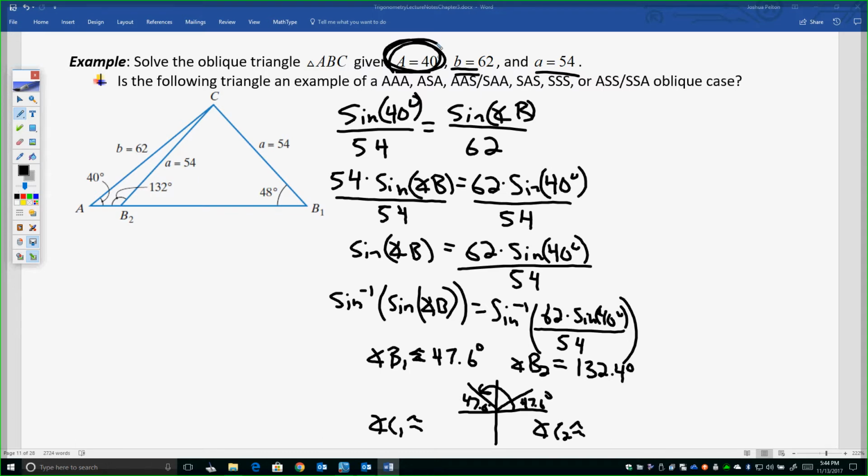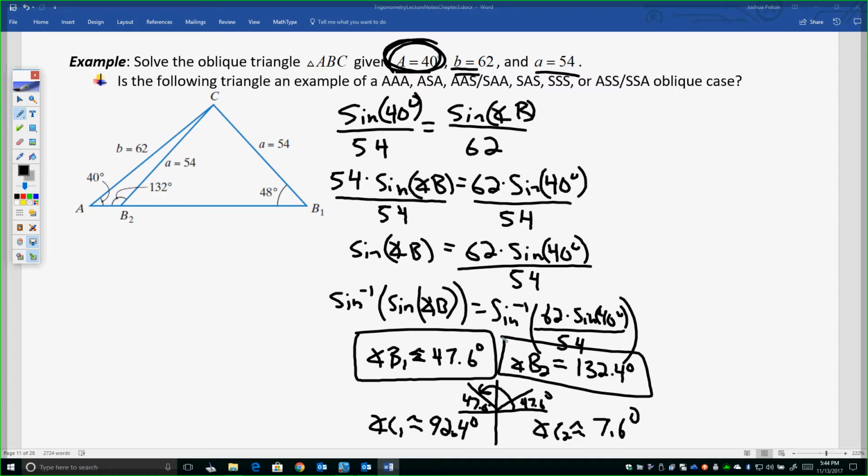And if I add 40 to 132.4, that's less than 180, which means there is an angle C left over. So if I add 40 to 47.6 and subtract 180, I get 92.4. And if I add 40 to 132.4, I get 172.4. Subtract that from 180, I'm left with 7.6. So that means I have two angle B's and two angle C's possible.